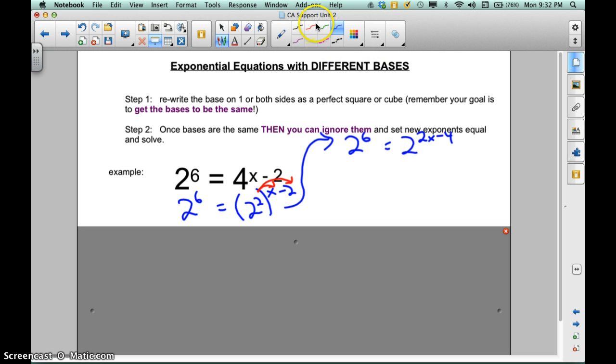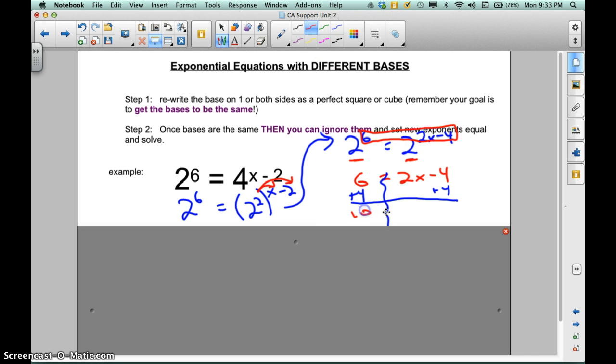Look at our bases. Bases are the same. Once the bases are the same, you can ignore them and just focus on your exponents. So now I can pull that out, and I have 6 equals 2x minus 4. This is an equation that you can solve. Add 4 to both sides. Remember the equal sign. Use your little line down the middle if you need to.